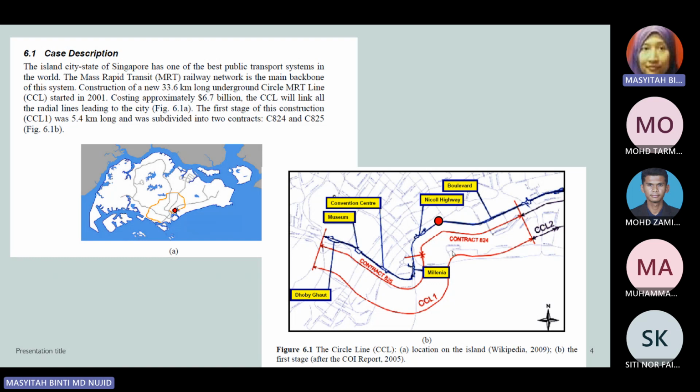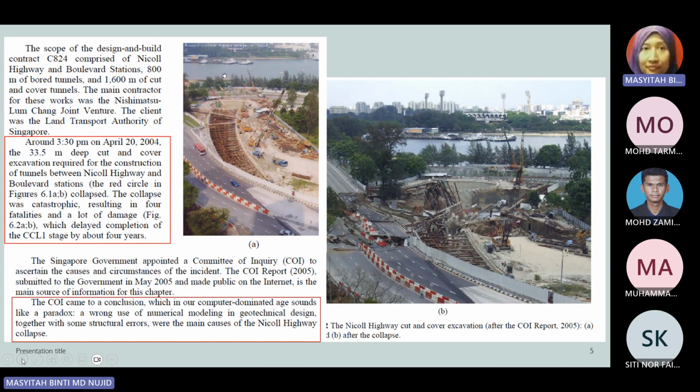You can see on the right side of the slide the locations of the island and also the first stage of the constructions. This one is an interchange for road development for the purpose of the MRT. The failure occurred around 3:30 p.m. on April 20, 2004.